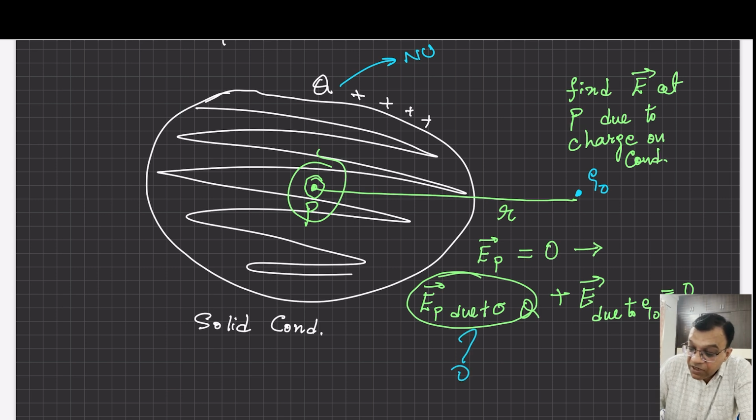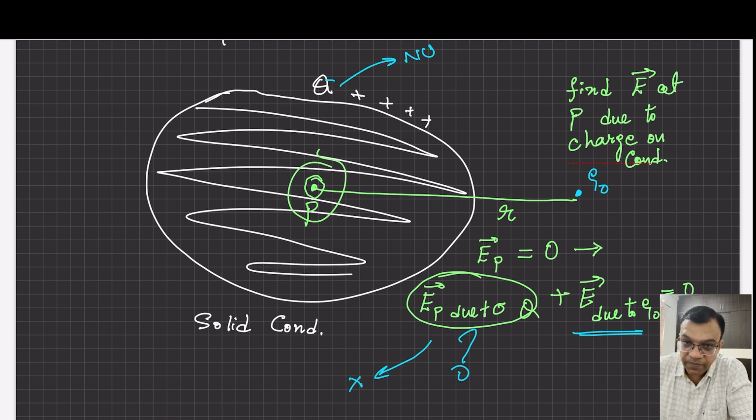But this we can't find directly because this charge distribution is non-uniform. We don't know the shape of the conductor. We don't know the distance of different points of the conductor surface from point P. So this is directly not possible to find. But this we can find: the electric field intensity at point P due to Q naught. This will be equal to K Q naught upon R square. Let us say this point Q is S, then it will be in the SP direction.